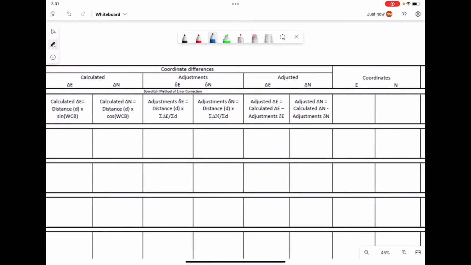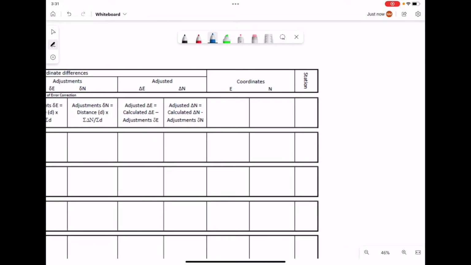The other bit we can fill in is the coordinates of the first station we're dealing with. We're starting at station A, or control point A, and we're going to give it coordinates of 1000.000, working to 3 decimal places, for the eastern and for the northern.